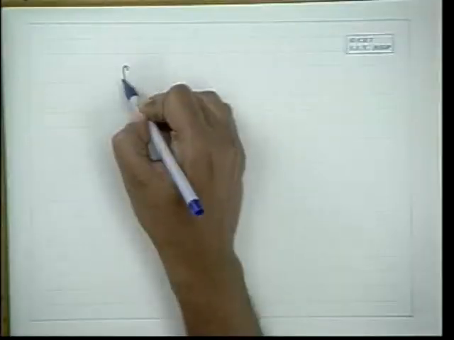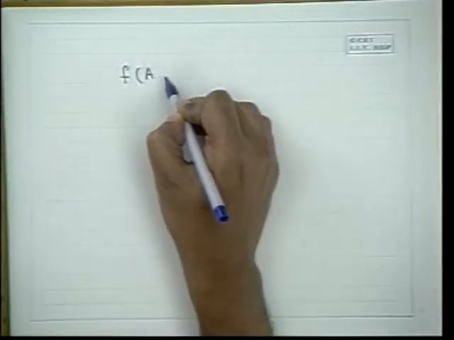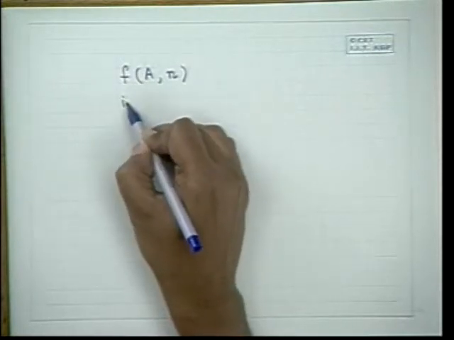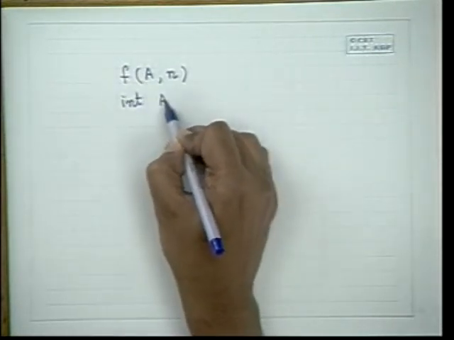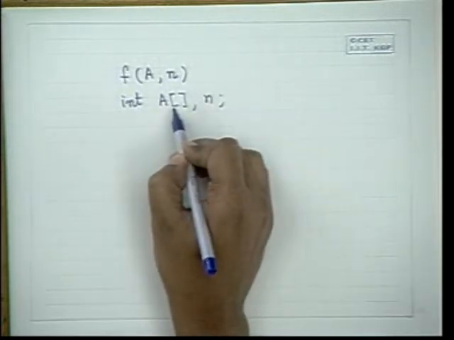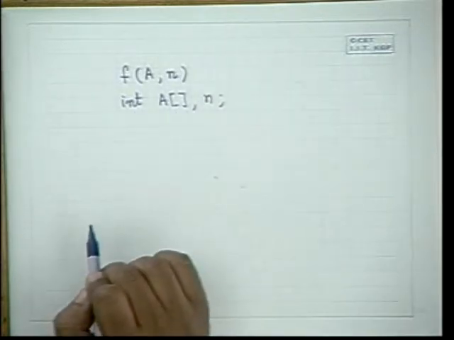There are other declarations of addresses or pointers which we shall see later when we see dynamic allocation, except in arrays where you don't have to give the array dimension. For example, in a function f, where a is an array and n is an integer, we used to declare int a[], and you don't have to give the dimension because you don't have to allocate elements.